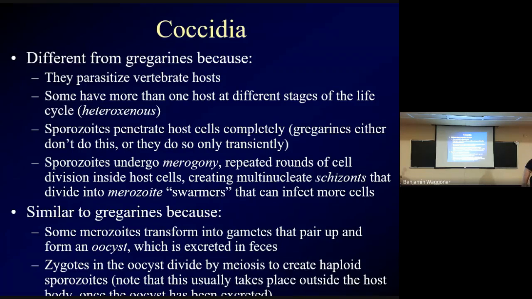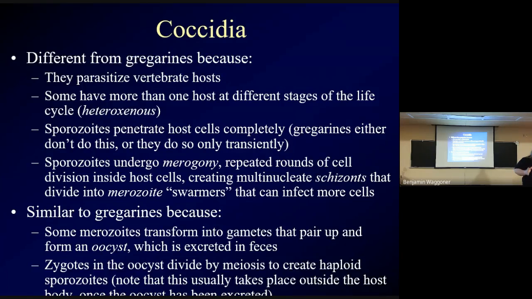Then the fourth big difference is that sporozoites undergo a stage called merogony, and that is repeated rounds of cell division when they're inside their host cells. The only real division that you saw in the life cycle of the gregarines was the first division to make gametes, and then those zygotes divide to make 8 of those infective sporozoites. The trophozoites, the stages you saw yesterday or the week before, those don't divide.